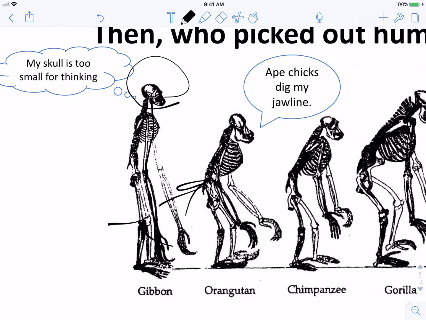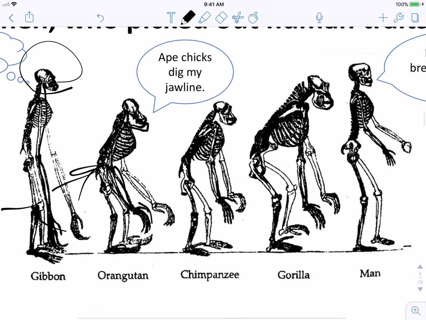And then if we have an orangutan, then we've got a bigger rib cage, we're shorter, still got pretty long arms, and a really big sassy jawline, which ape chicks probably dig. And then if we go to the chimpanzee, it's got a little bit less of a jawline compared to the orangutan. Similar rib cage, shorter arms.